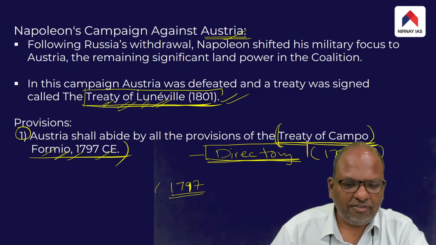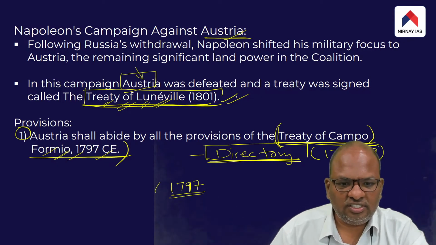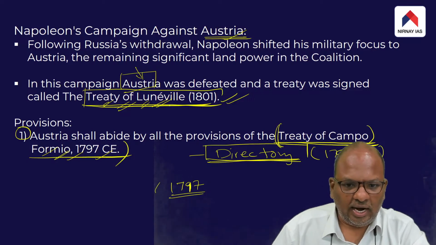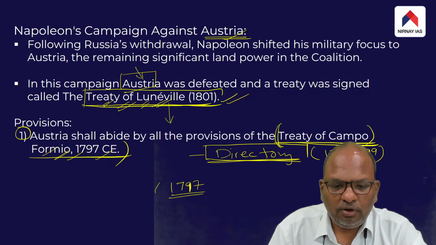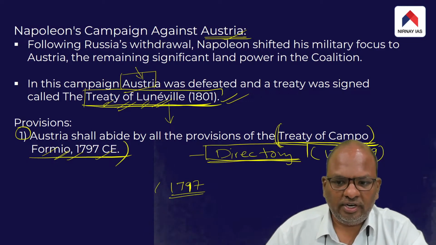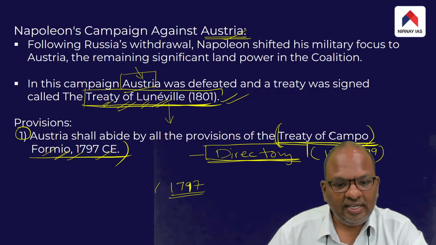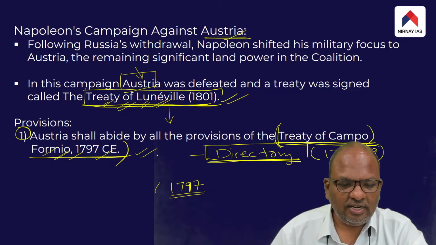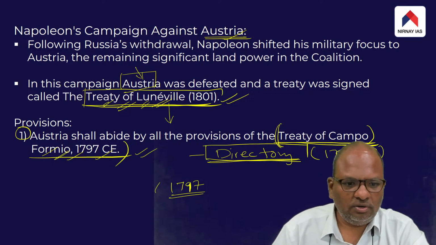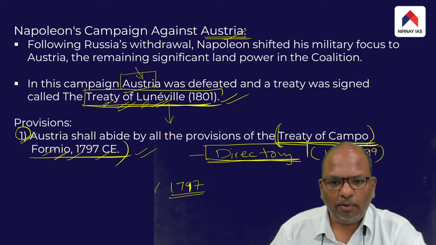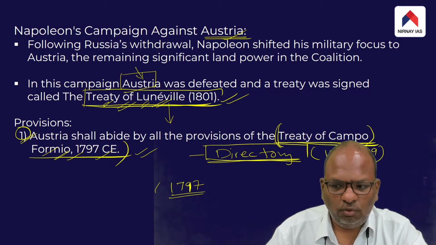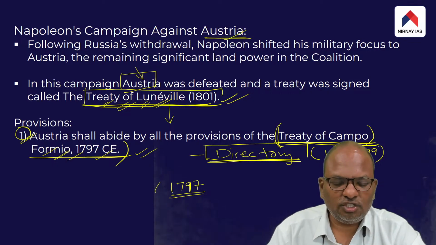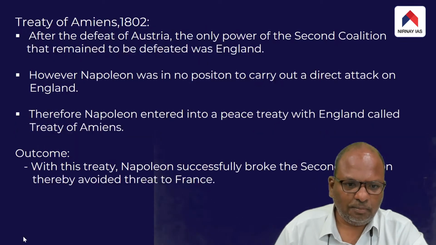After this second invasion, the Treaty of Lunéville was reached, under which Austria agreed to implement all the provisions of the Treaty of Campo Formio reached earlier with France in 1797 AD. So the whole point is this campaign against Austria was a very successful campaign. You remember this particular point.